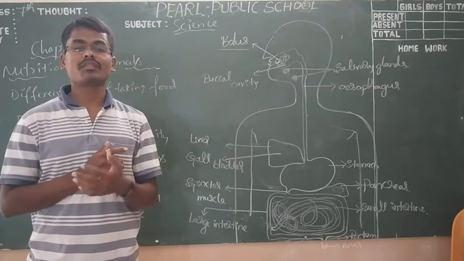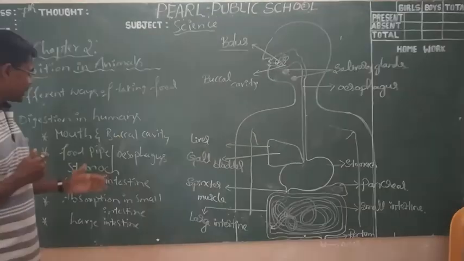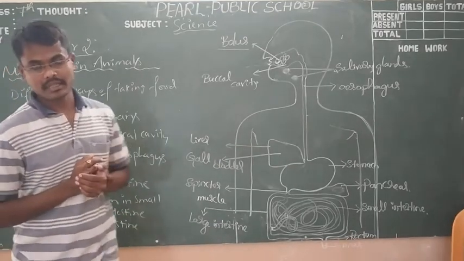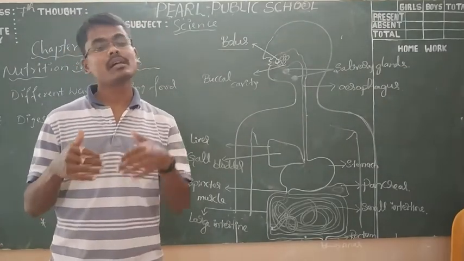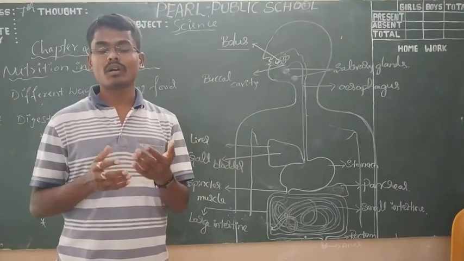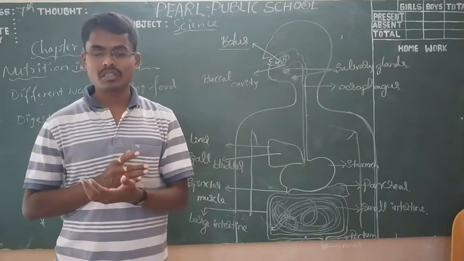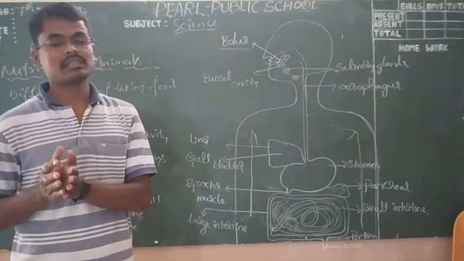After the completion of the whole digestion process inside the small intestine, the food enters the last part, the large intestine. This large intestine is somewhat larger than the small intestine. It is about 1.5 meters long. What is the function of the large intestine?